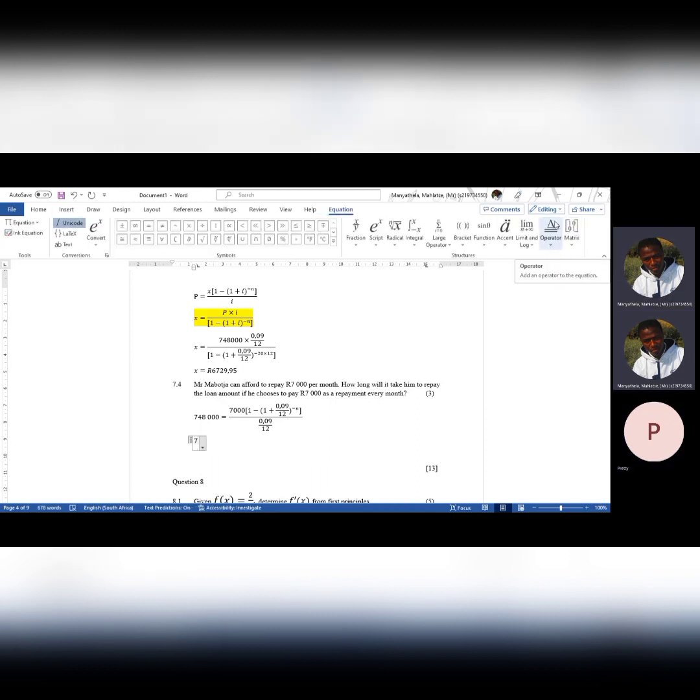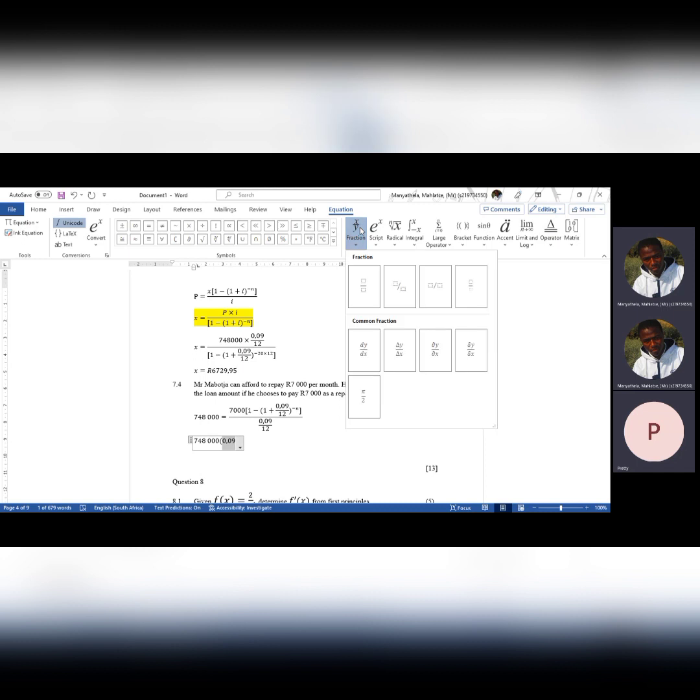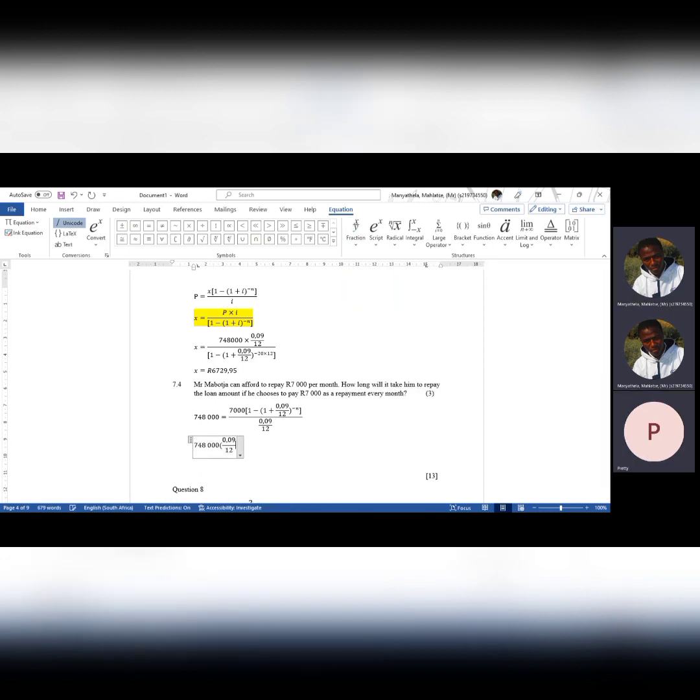So 748,000 multiplied by 0.09 over 12 equals 7,000 into 1 minus, in bracket, 1 plus 0.09 over 12 to the exponent negative n.